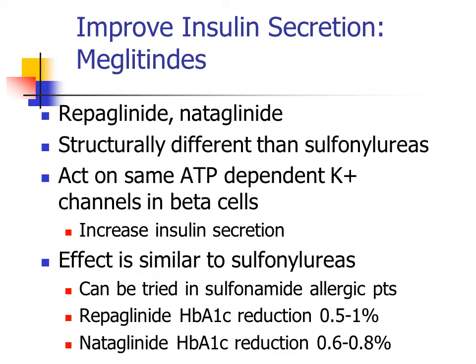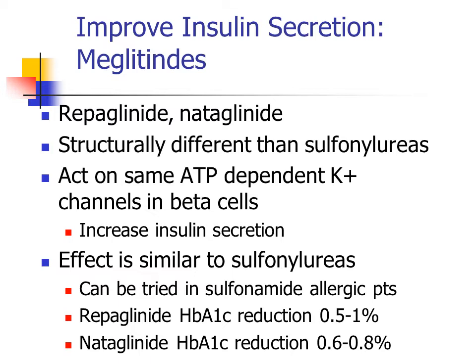A second class of agents that work by improving insulin secretion are the meglitinides. And in this class you'll find repaglinide and nateglinide. Now, while these agents are structurally different than the sulfonylureas, they don't contain that sulfa component, they do act in a similar manner on that same ATP-dependent potassium channel in the beta cells, and this results then in an increased insulin secretion.